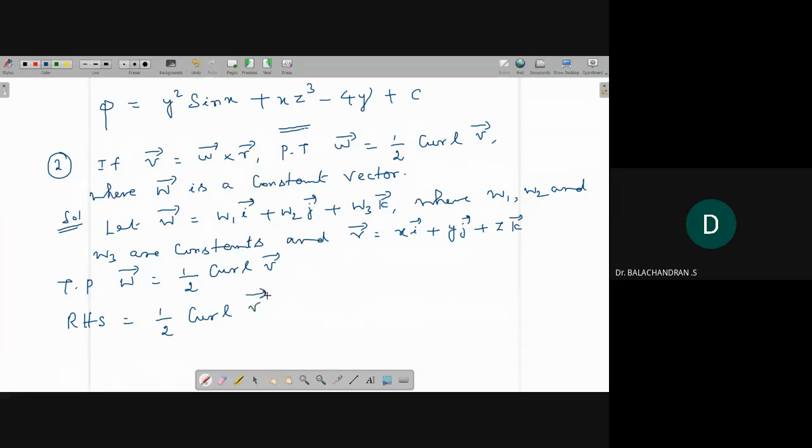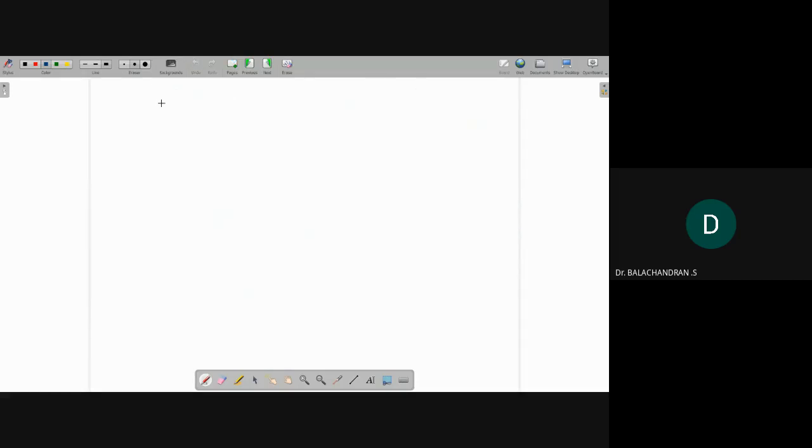Curl v is nothing but del cross v vector, but we know that it is given v vector equals w cross r vector, that is given in the question.